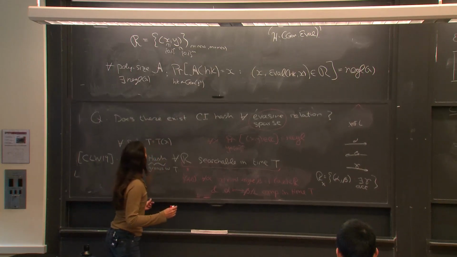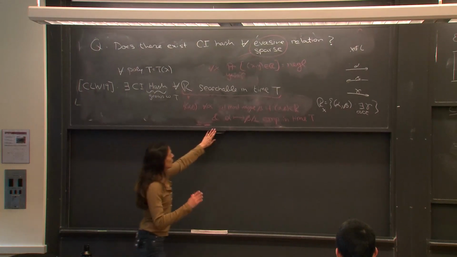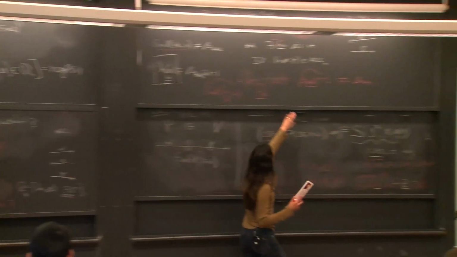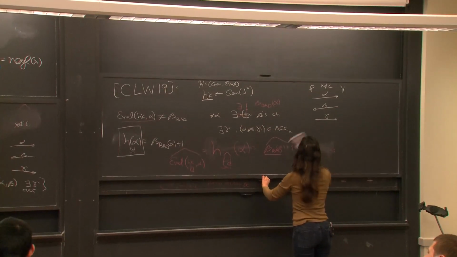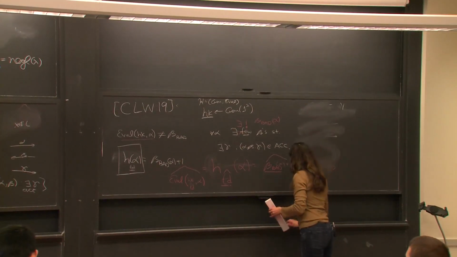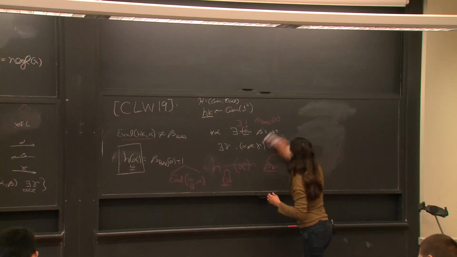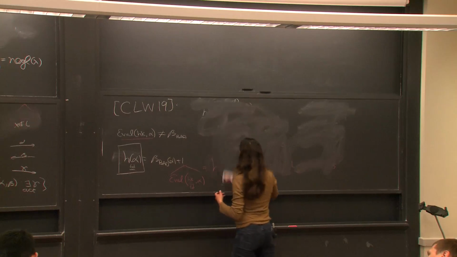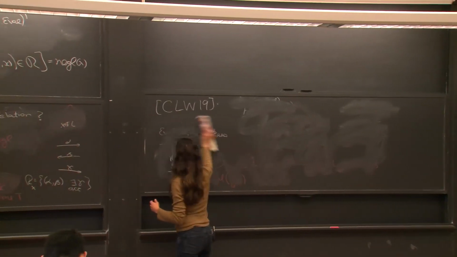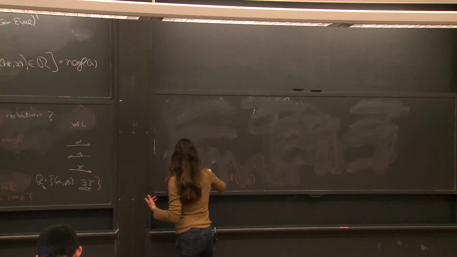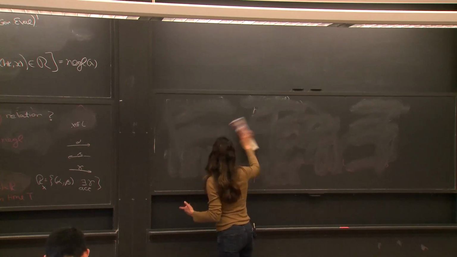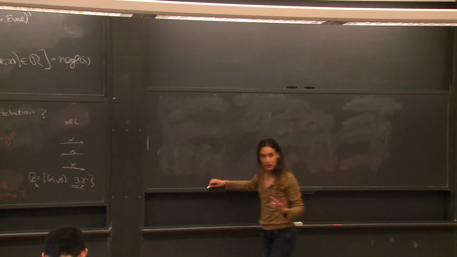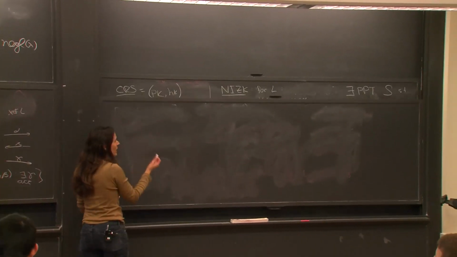So we want to show a correlation intractable hash with respect to any relation that's searchable in time t. And first I want to note, I want one hash that's correlation intractable for all relations. Of course, if you first choose a relation, what I'm saying now is trivial.